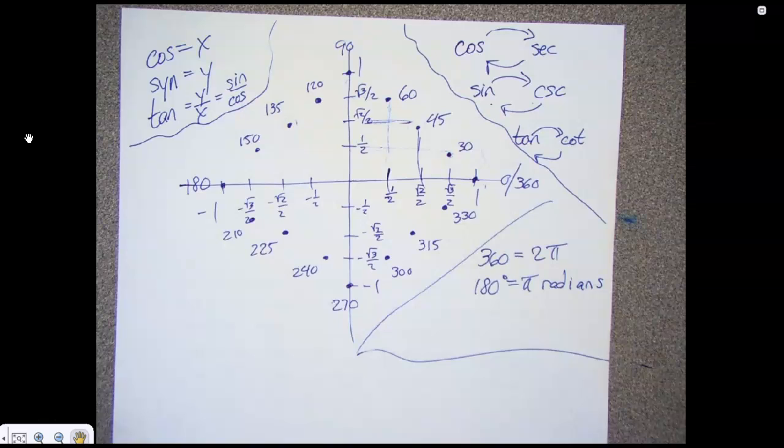So 135 is in the second quadrant, so we're right up here. Cosecant is which one flipped over? The sine flipped over, so I want the y value, and then I want to take that y value and flip it upside down. So this is 2 over root 2.